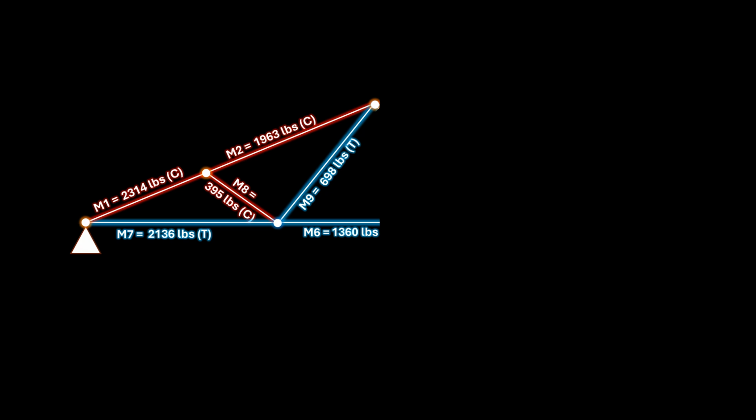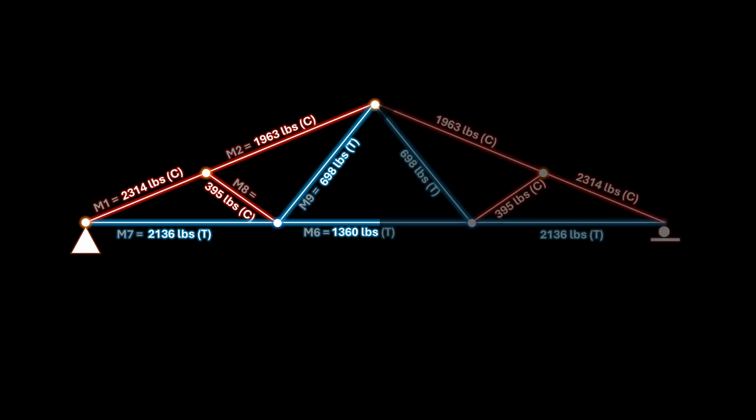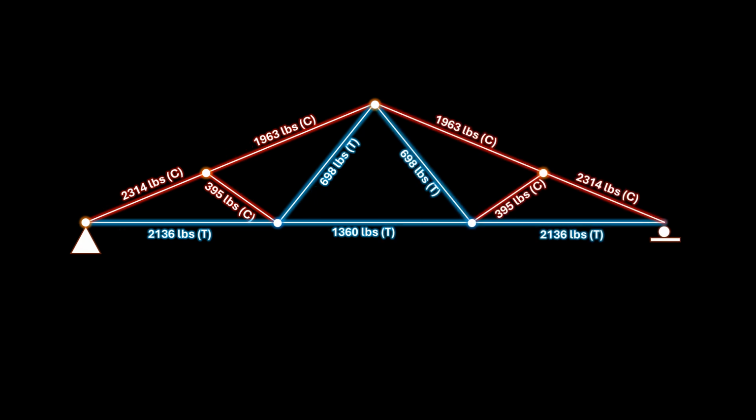Due to the truss symmetry, the internal forces at members on the right side will be equal to the forces at similar members on the left side. Therefore, these are the internal axial member forces that should be used to design the truss members and connections.